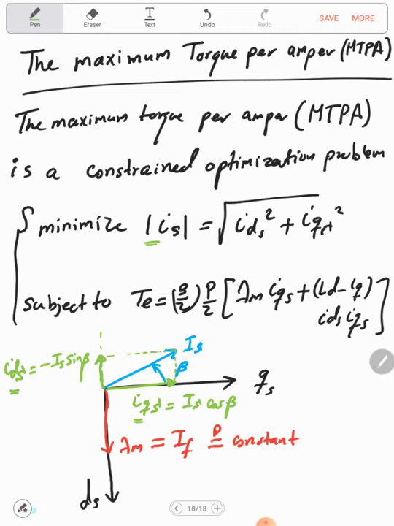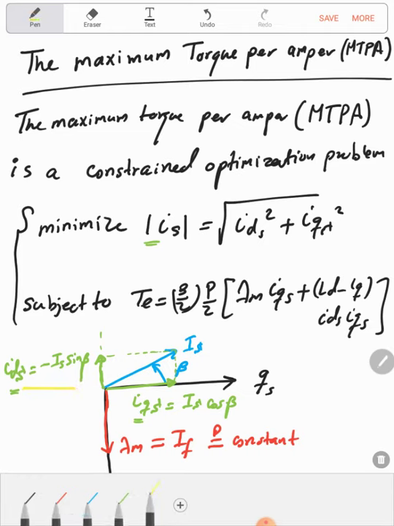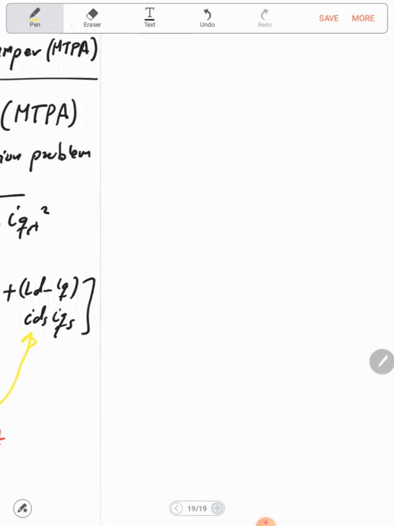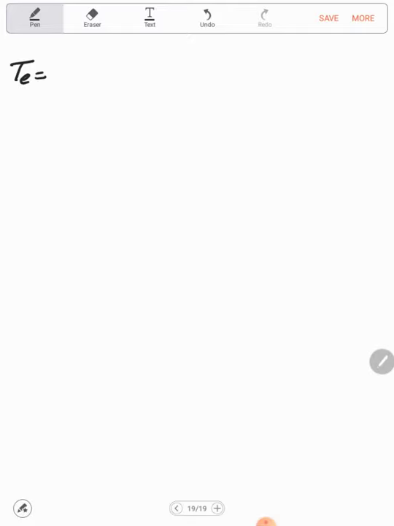So now let's substitute the value of the IDS and the value of the IQS in the torque and see what we can do with that. So simply now substituting, TE will equal to the constant, which is the 3 over 2 P over 2.